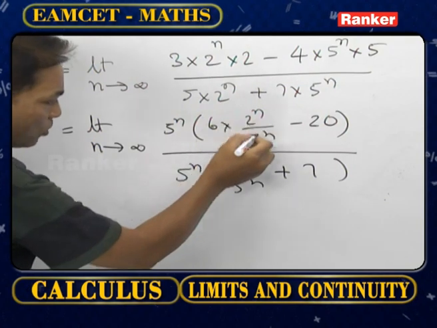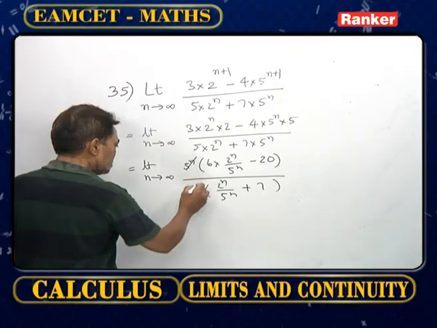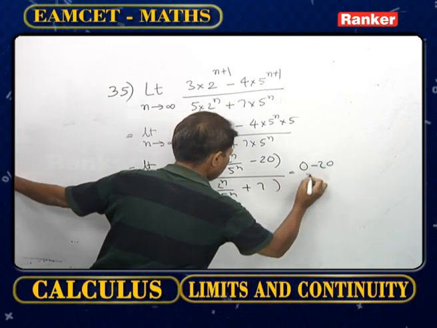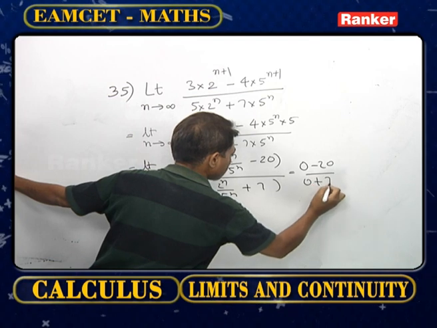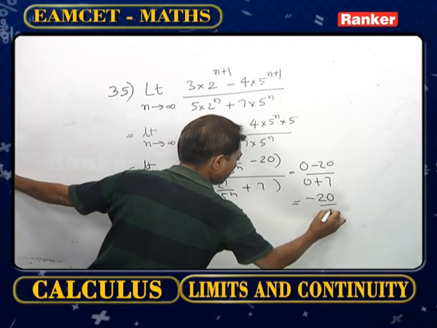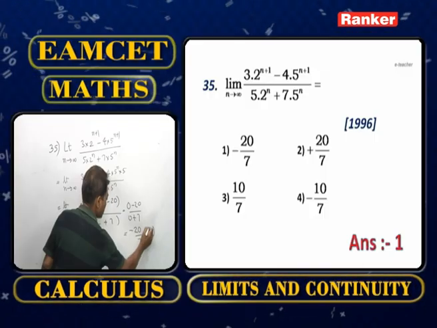So, very simple, 2 by 5 is less than 1, so 2 by 5 power infinity tends to 0. So, it will give you 0 minus 20 by 0 plus 7. So, what is your final answer? Minus 20 by 7. So, the first option is the right answer.